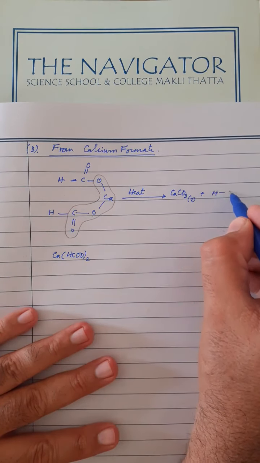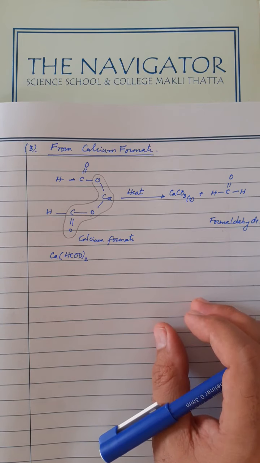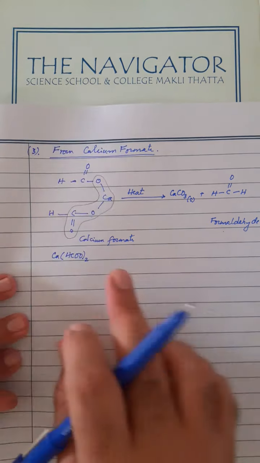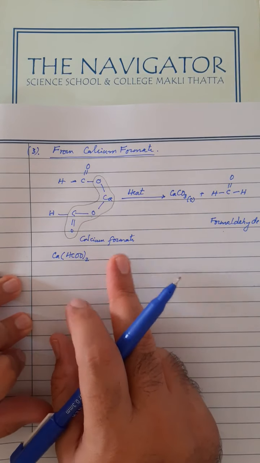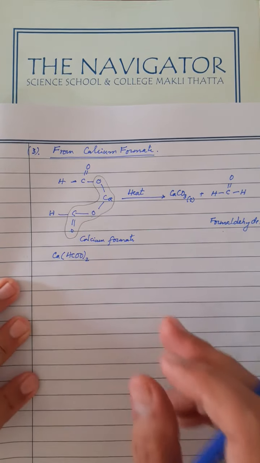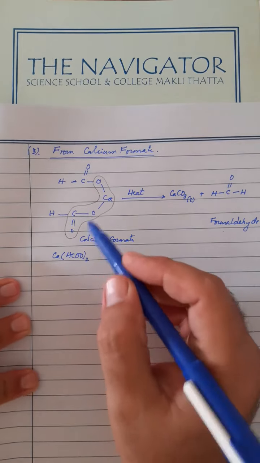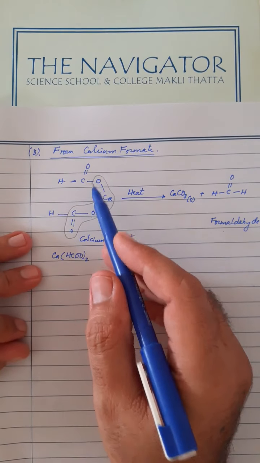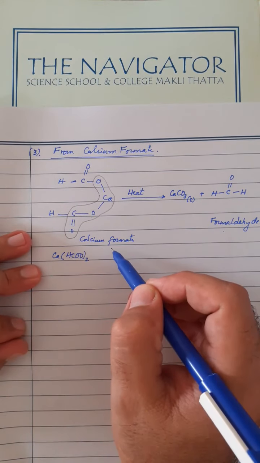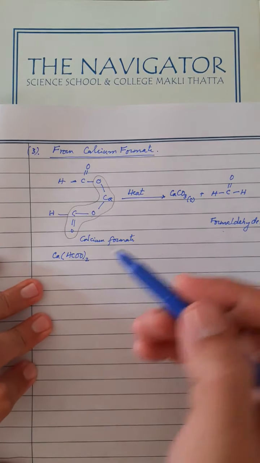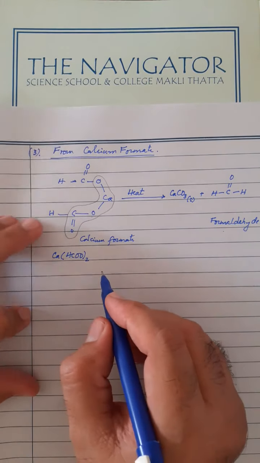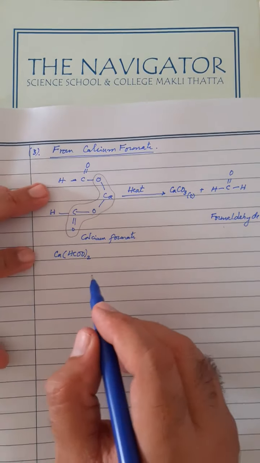And the third is by calcination, dry distillation, pyrolysis, cracking, all these names, of calcium formate, which will get us formaldehyde. This method is common between aldehydes and ketones. If you just take calcium acetate here, can I make calcium acetate? Yeah. Just compare this with this structure.